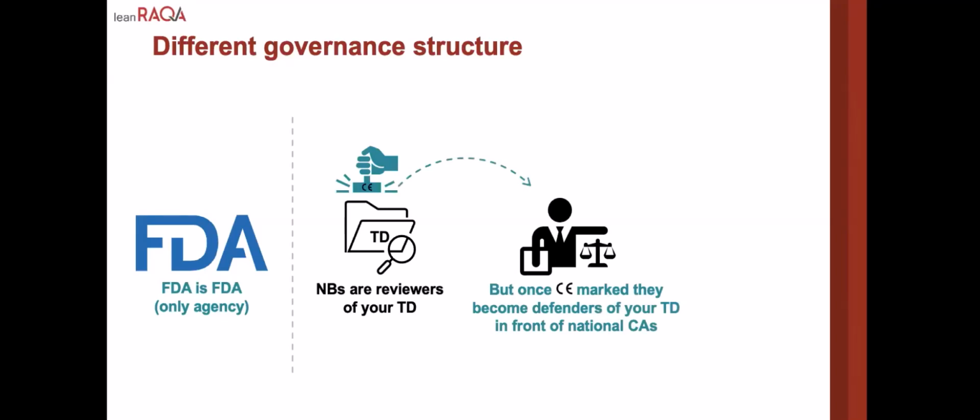However, in Europe, notified bodies are the ones that review the technical documentation. Once they issue you a CE mark, they have to defend your technical documentation to the competent authorities in Europe.